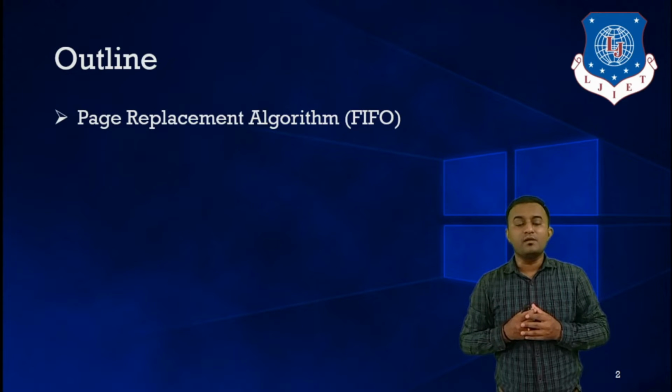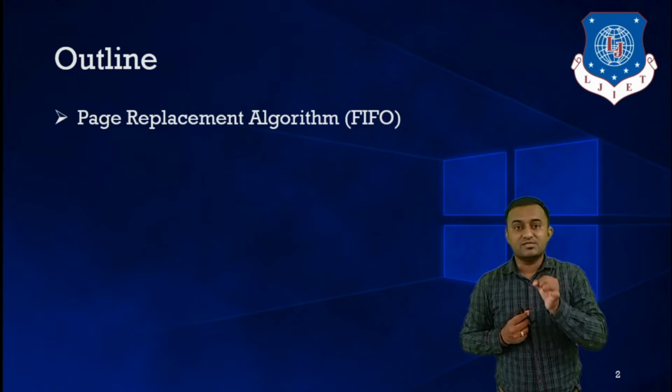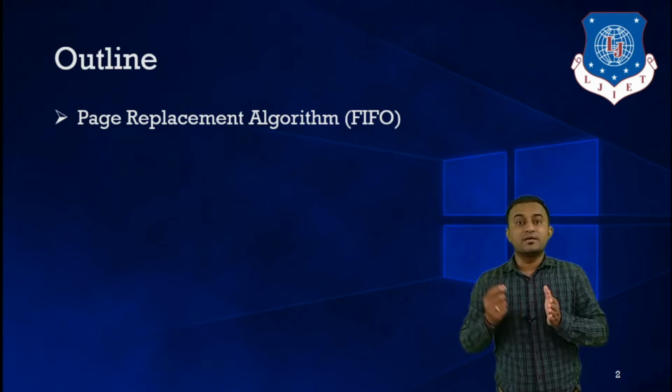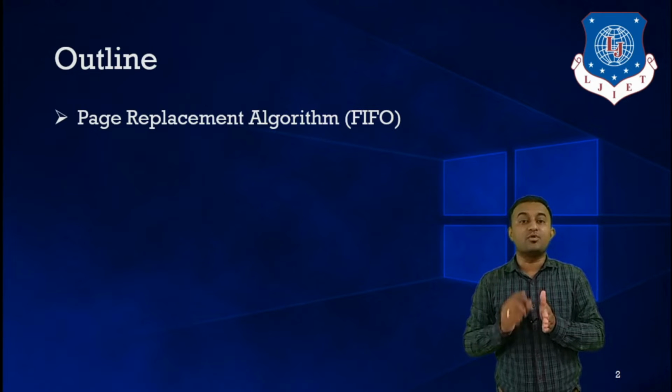In that case, the page replacement algorithm comes into the picture. We need to take one of the pages from main memory and replace it with the upcoming page coming from secondary memory.